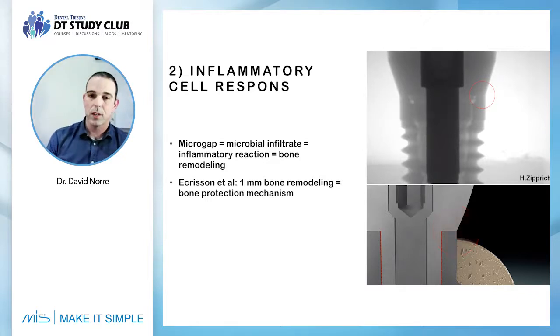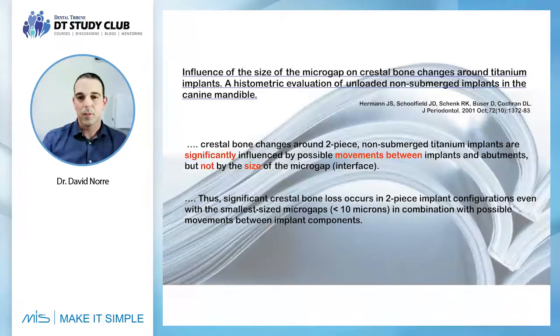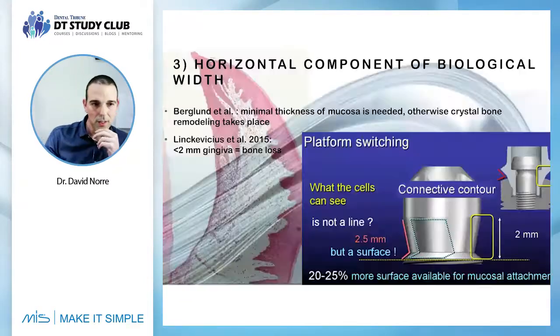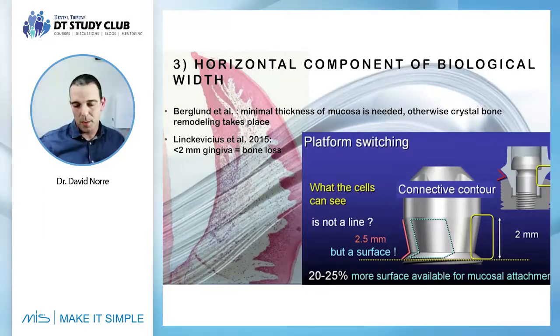And maybe the third one, as Professor Inkevicius always told us, is that we need a thick gingiva. When you put an abutment that's smaller than the implant, you're going to raise more gingiva around the abutment because you make it smaller.